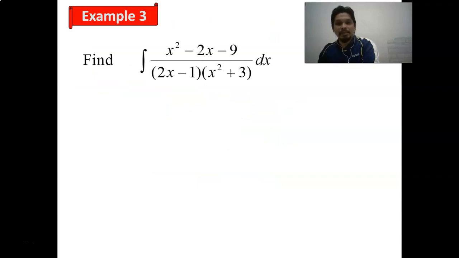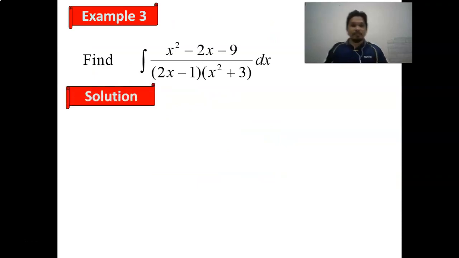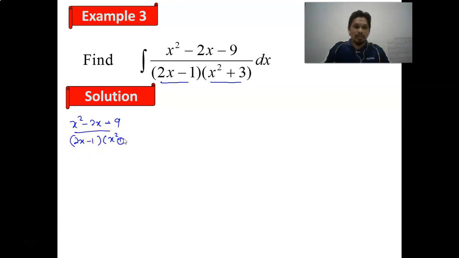Example 3. Find the solution of this. This is a linear factor and this is a quadratic that cannot be factorized. So then (x squared minus 2x minus 9) divided by (2x minus 1) multiplied with (x squared plus 3).